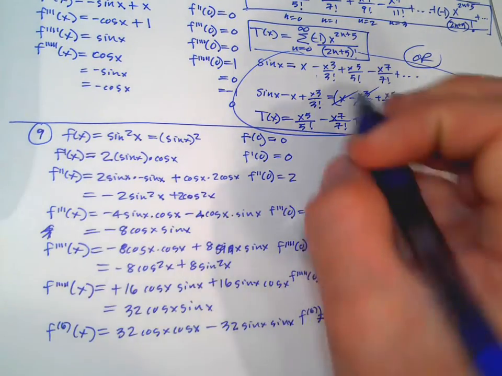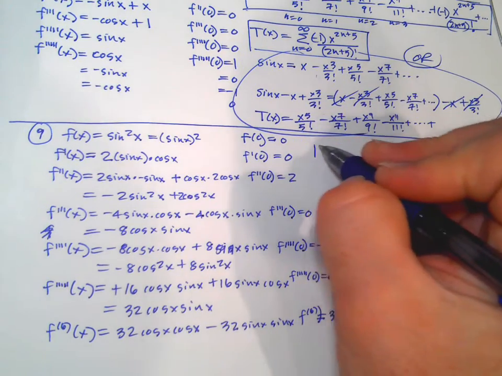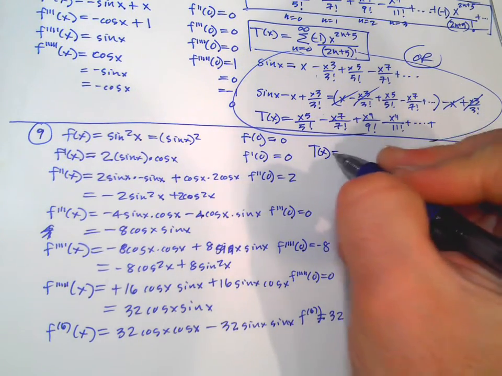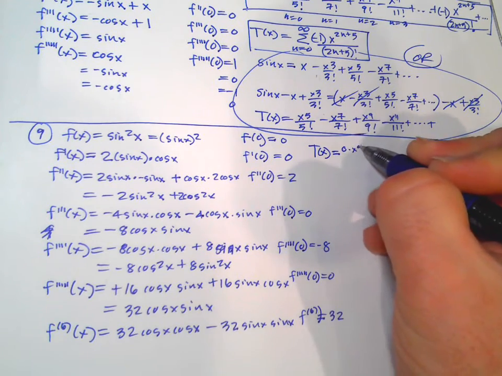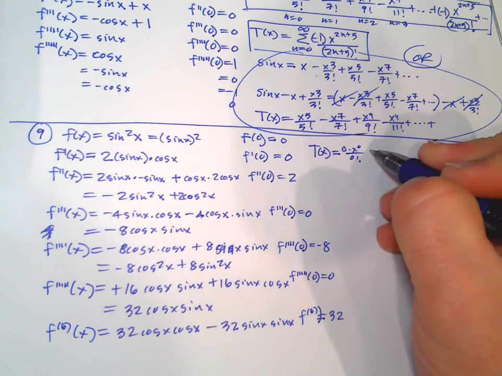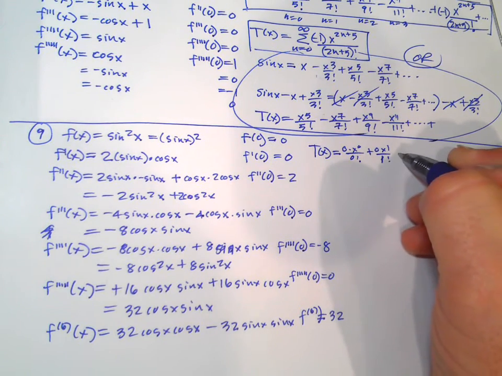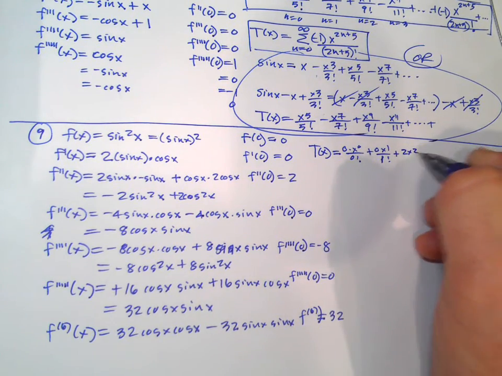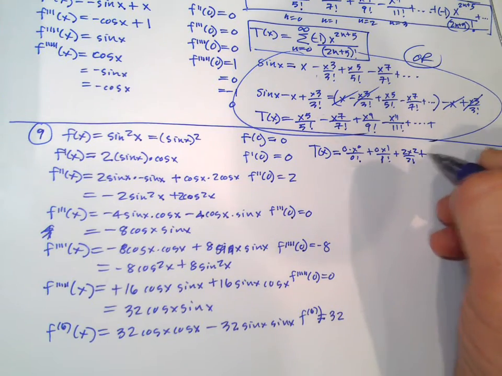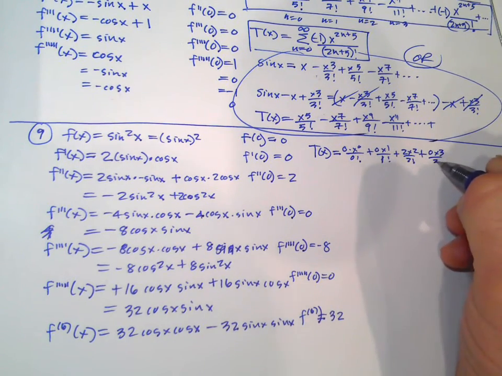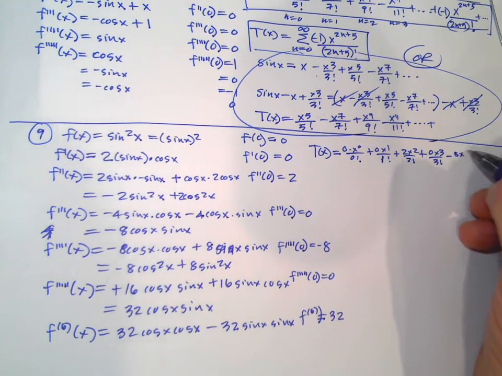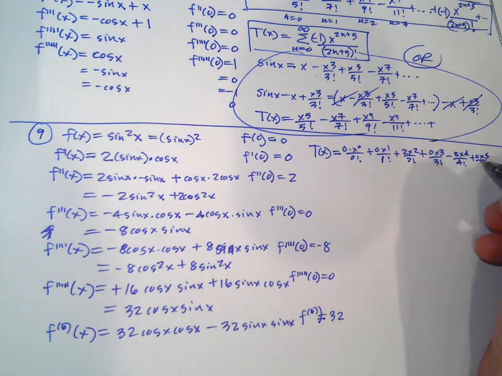So if we wrote this Taylor series, 0 times x to the 0 over 0 factorial plus 0 times x to the first over 1 factorial plus 2 x squared over 2 factorial plus 0 x cubed over 3 factorial minus 8 x to the 4th over 4 factorial plus 0 x to the 5th over 5 factorial plus 32 x to the 6th over 6 factorial.